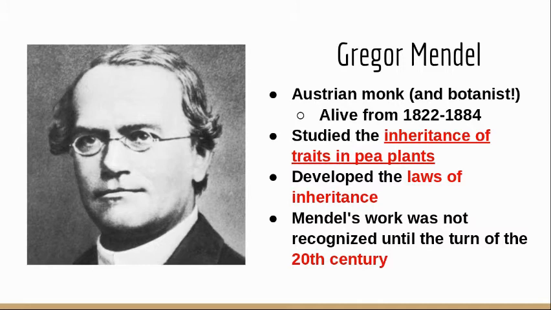He was the one that really studied how traits were inherited in pea plants. He tested to see how different characteristics were passed down from generation to generation, and he developed the laws of inheritance, which we'll talk about next week.